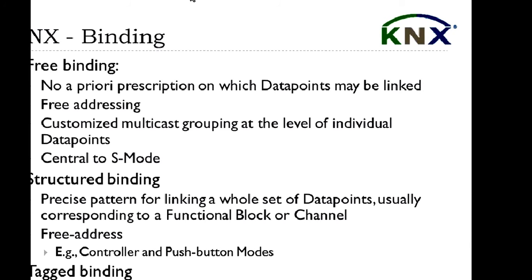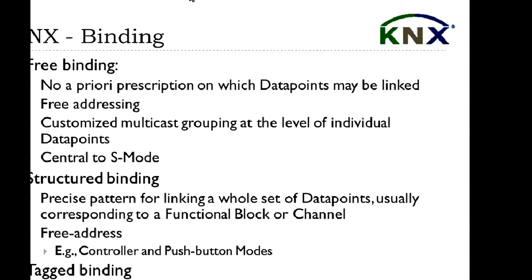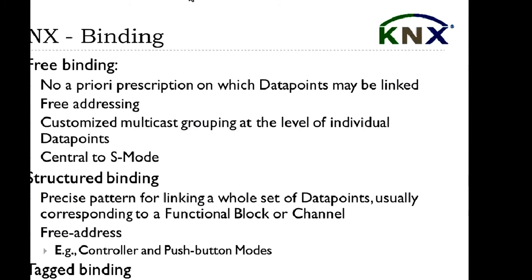So let's see what the free binding and the structured binding are. In the free binding, as the word says, we have no a priori prescription about which data points can be connected together. So we can connect almost every data point. Okay, that's why it's free. And we realize the application by defining a kind of multicast delivery group. So we say this data point on this device belongs to the multicast group 001. All the devices having a data point connected to the multicast group 001 are bound together.